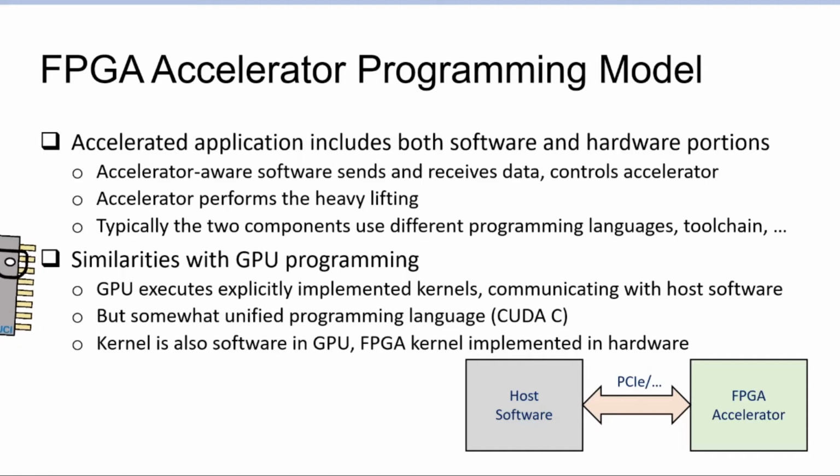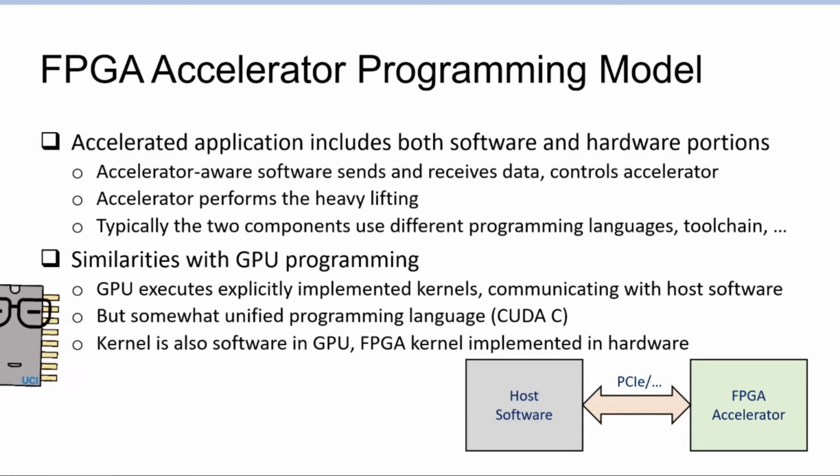There are some similarities with GPU programming, as you probably noticed already. GPUs do also execute explicitly implemented kernels, communicating with host software, typically over PCIe. But the difference is, at least in the NVIDIA CUDA example, and also in the OpenCL example, there is a somewhat unified programming language, which is CUDA-C.